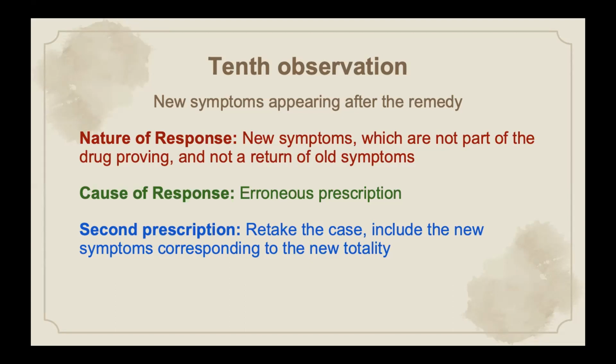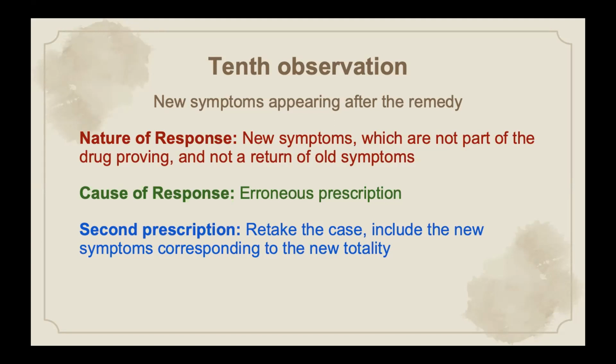These new symptoms in this observation are also not part of the drug proving. If they're developing a whole bunch of new symptoms, chances are it was a wrong prescription, and your best option at this point is to retake the case.